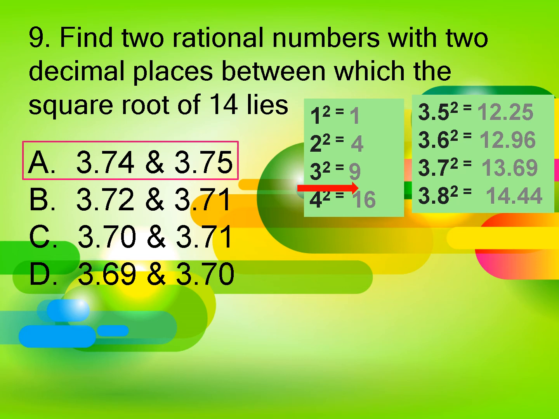So 3.6 times 3.6, still 12.96, is lesser than 14. So we'll use the bigger number. 3.7 times 3.7 is 13.69. Still lesser than 14. So we'll use the bigger number, 3.8 squared. So 3.8 times 3.8 is 14.44.